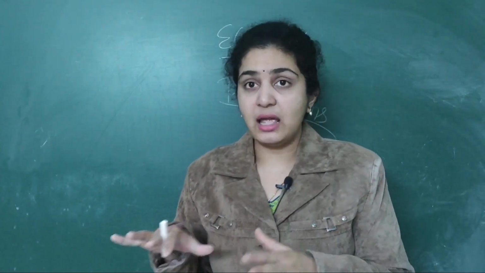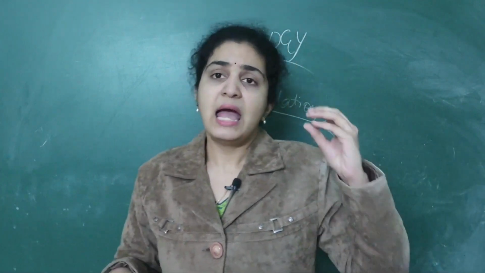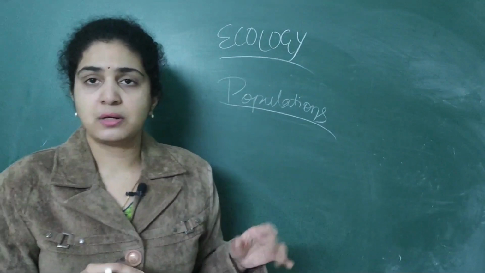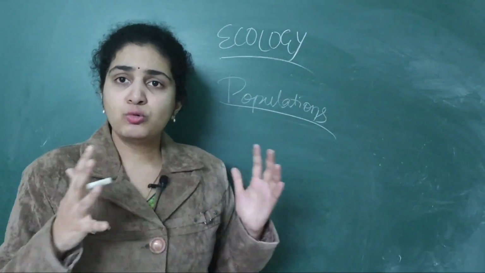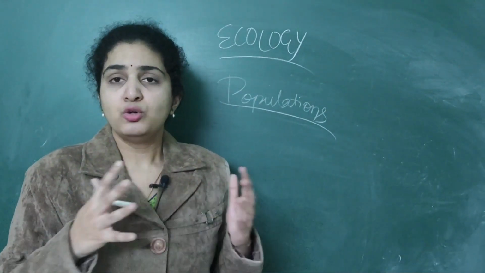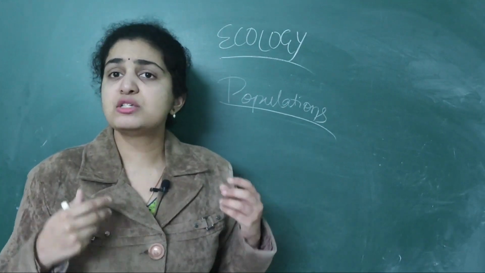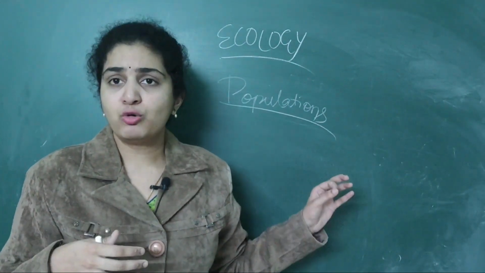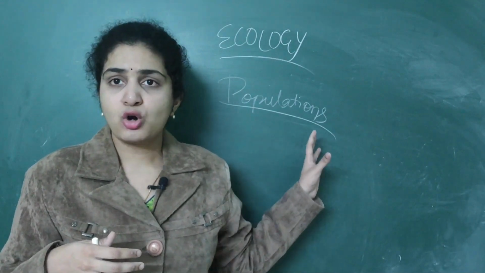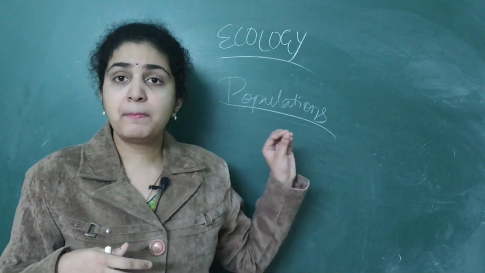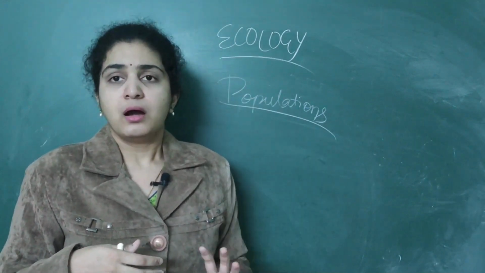But in numerous other species, you find a bigger population. When numerous individuals of the same species are found in an area, it is called a population.